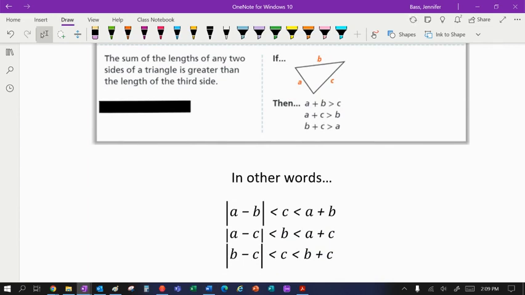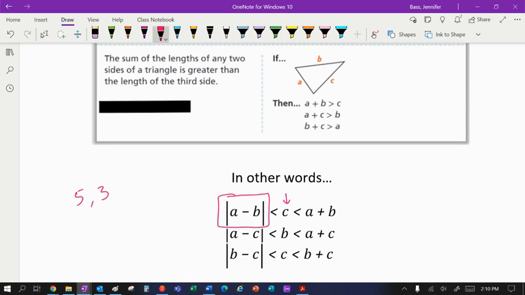So the purpose of this absolute value here is to make sure that you subtract them in such a way that you get a positive number. So if one side is 5 and the other side is 3, don't do 3 minus 5 to get negative 2. You're going to do 5 minus 3 to get 2. So in other words, each side of the triangle is bigger than the difference of the other two sides and smaller than the sum of the other two sides.